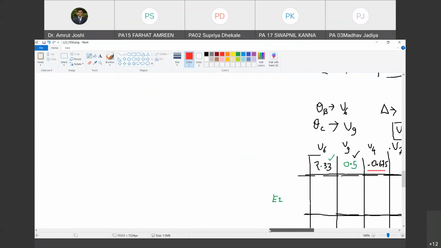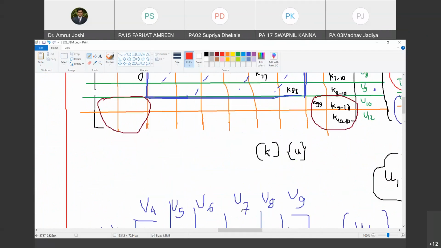So let us now check what has gone wrong here while assembling the matrix.